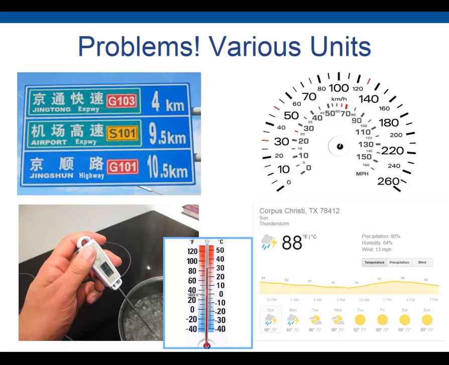But in the US, we use Fahrenheit. This is a good example: the outer number on the speedometer shows kilometers per hour, but inside shows miles per hour. To me it's a little confusing, but it's good to know both units at the same time.